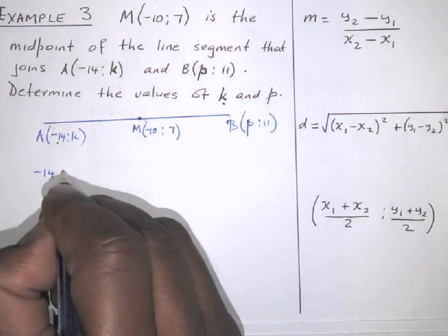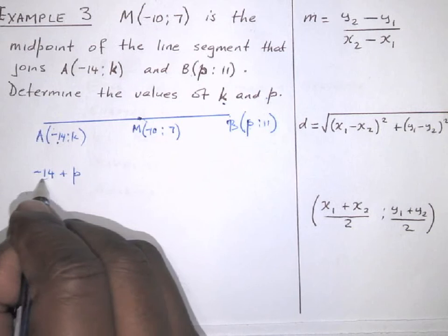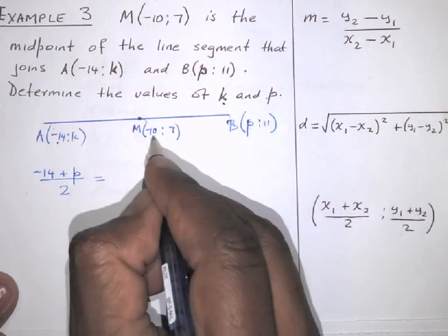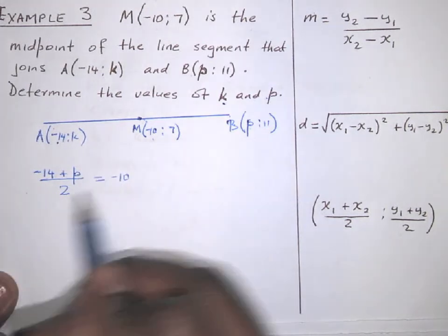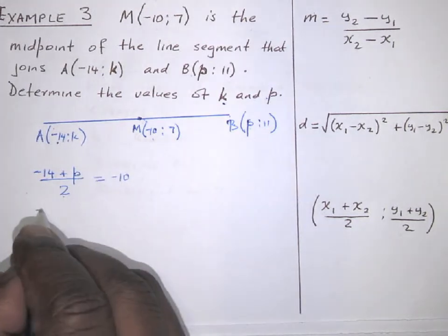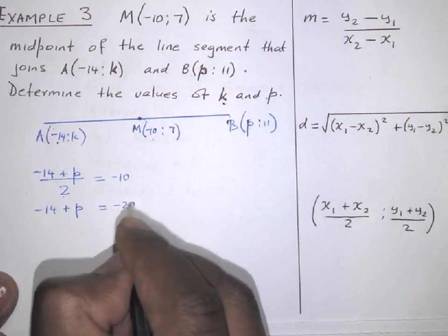So I'm solving for P. I can cross multiply, so I'll get minus 14 plus P is equal to minus 20. So P is equal to, take this across, minus 20 plus 14, so your P value is minus 6.